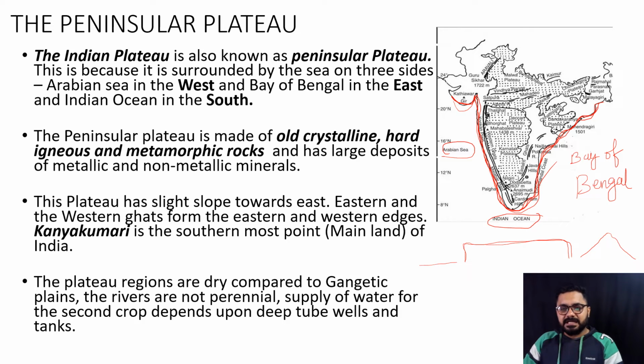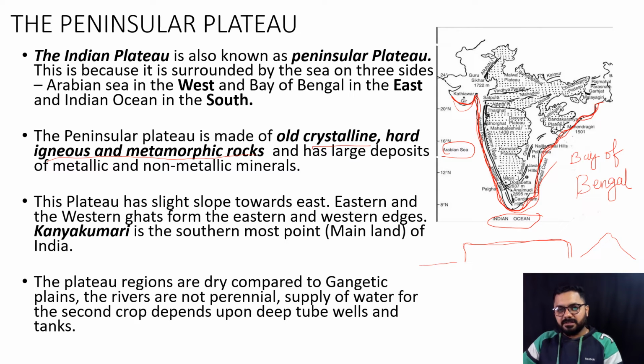This peninsular plateau is covered by water bodies on three sides. This plateau consists of rocks, mostly old crystalline rocks, igneous rocks, and metamorphic rocks. This region also has rich deposits of minerals, both metallic and non-metallic. Now, this plateau has a slight slope towards the east.